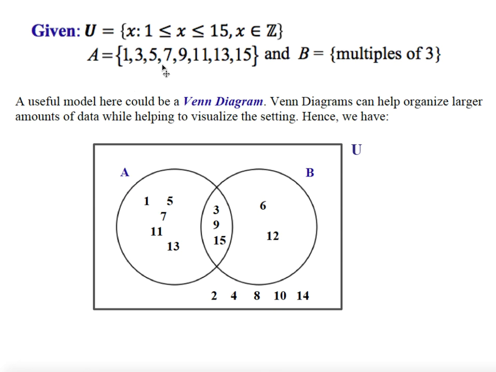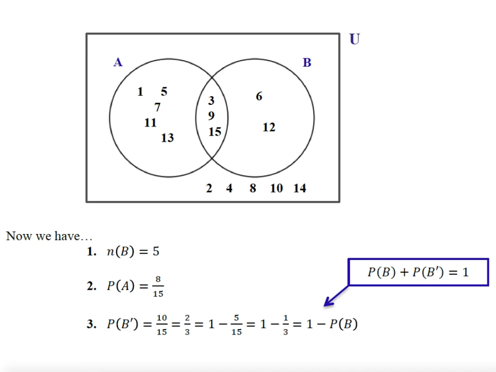The elements in set A, 1, 3, 5, 7, are clearly represented. And there are some overlaps, namely 3, 9, and 15, that belong in B as well, because these three numbers are not only in A, but they're also multiples of 3. So you can start to separate out what's going on, and what's left over and does not fit in either A or B is still within the universal set. That can be a nice way to get clarity when it comes to answering some of these questions.